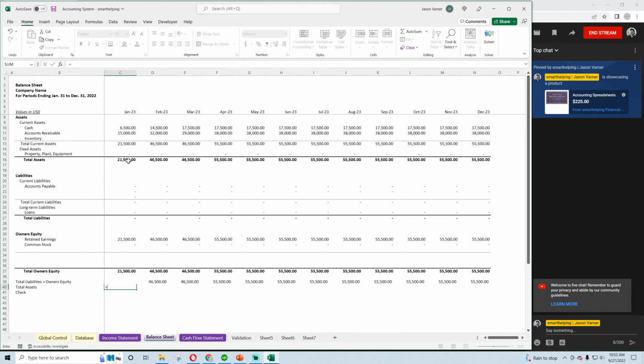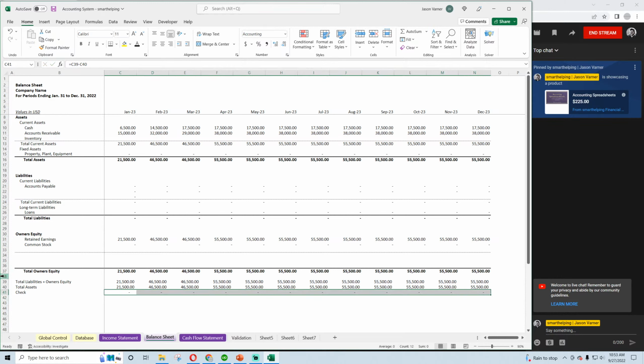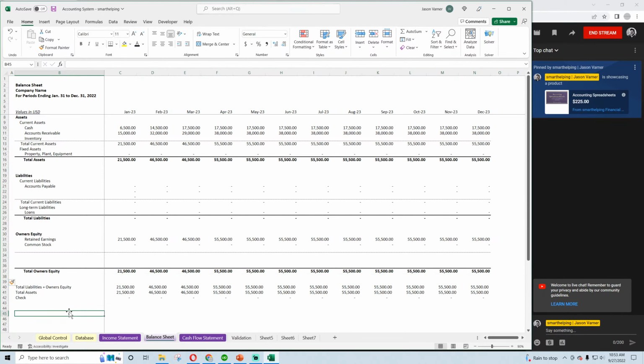Our total assets are here, and they match. Okay, so I mean that's a good sign. That indicates our logic is correct so far. We haven't done much. We've just done sales. So let's kind of play with this a little bit and see.